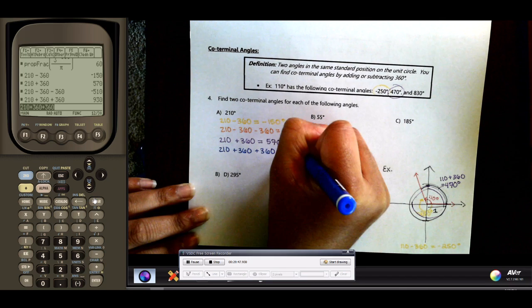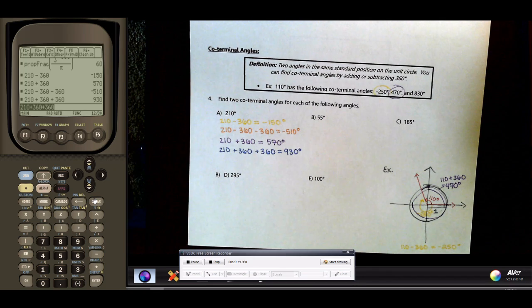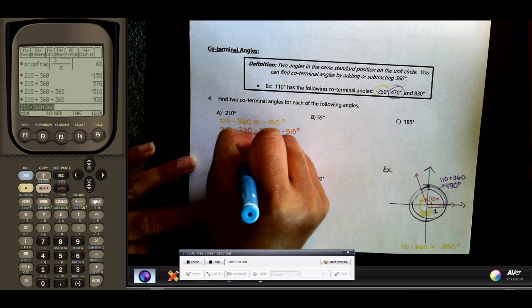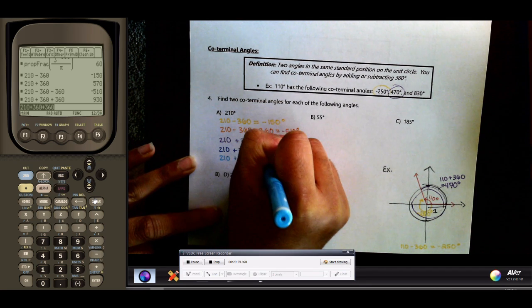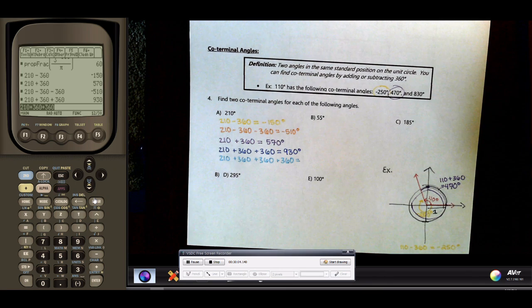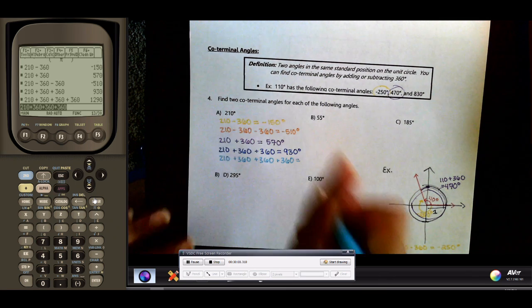So the moral of the story is there are infinite things. You could add 360 again. You could subtract 360 again. So I could do 210 plus 360 plus 360 plus 360, though at some point it gets a little bit extra. But if I wanted to add another 360 to this, I could. 1290. It goes on and on forever.